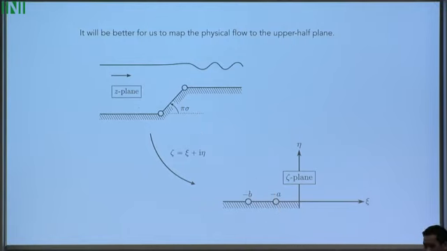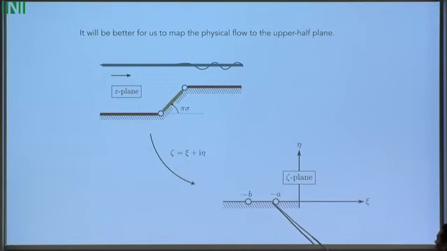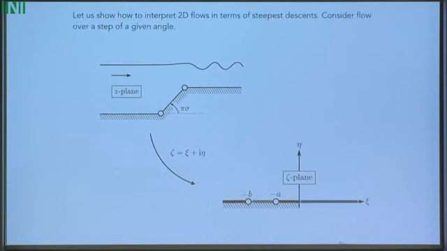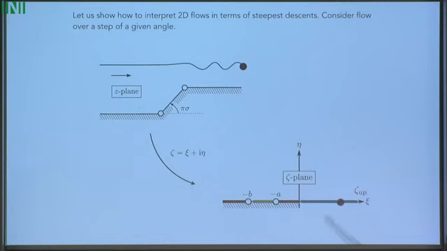I don't have to tell you the details of the map, except for the fact that it sends basically this solid boundary to the left side here, and the free surface to the right side here, and it does so in a way which flips everything around like that, you see. So essentially, downstream is now at the origin, upstream is way up there. Okay, so that's all you have to really remember when you do the steepest descents, that if I go left to right on the free surface, I'm going right to left over there. All right, that's all you need to know about the map.